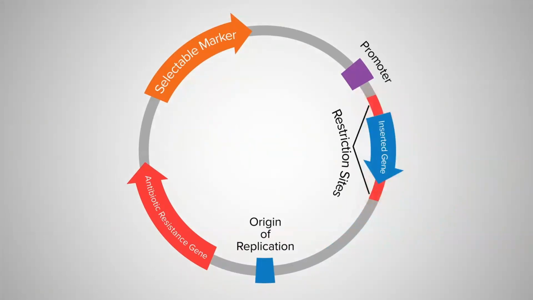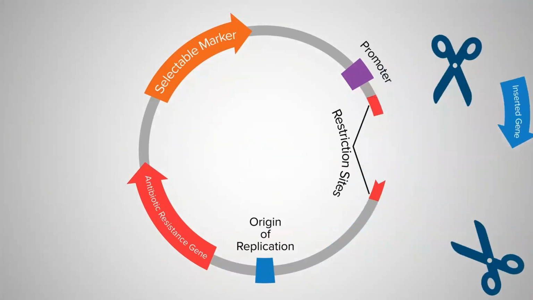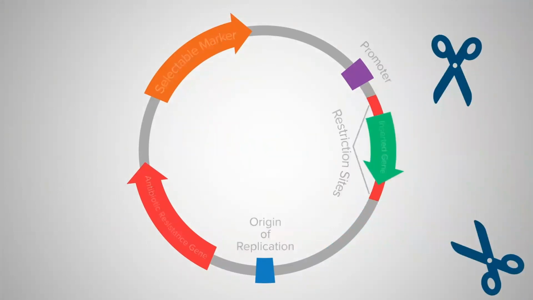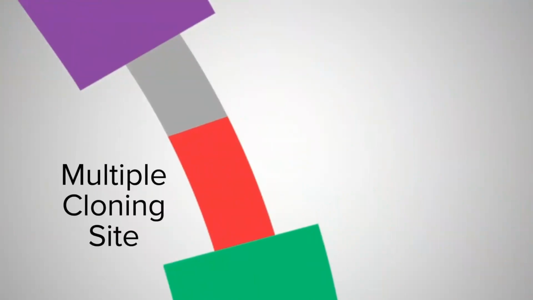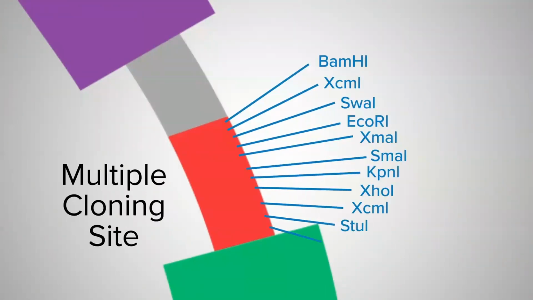Restriction enzymes recognize these sites and cut them out like molecular scissors. Then, a different gene can be inserted into the site. Often, these restriction sites are located in what's called a multiple cloning site, a short segment of DNA that contains several restriction sites. This adds flexibility to the cloning process.